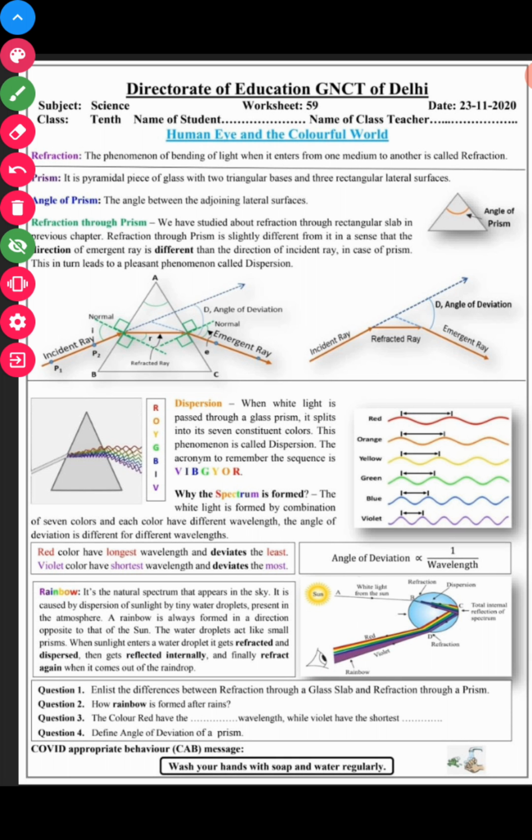Let's do a practice exercise. Enlist the differences between refraction through a glass slab and refraction through a prism.